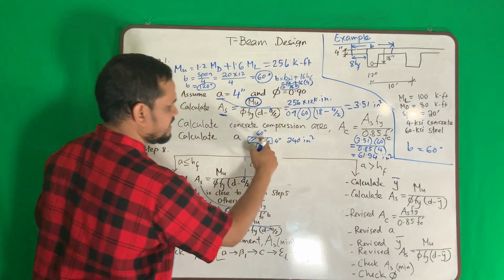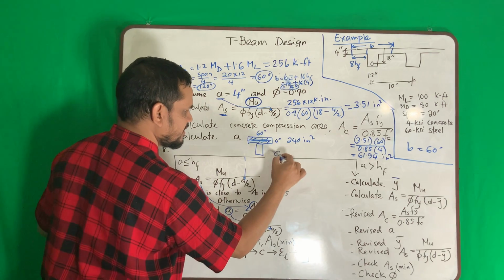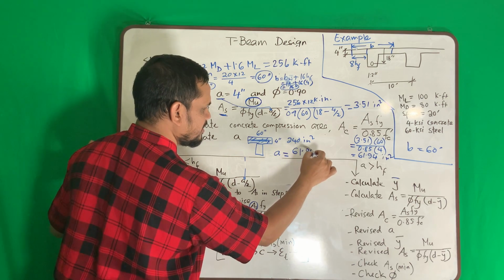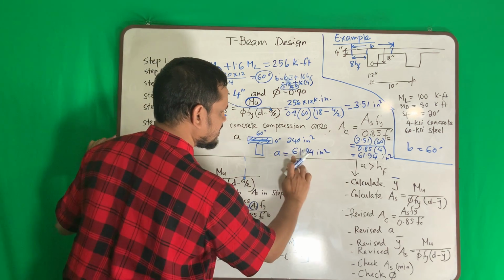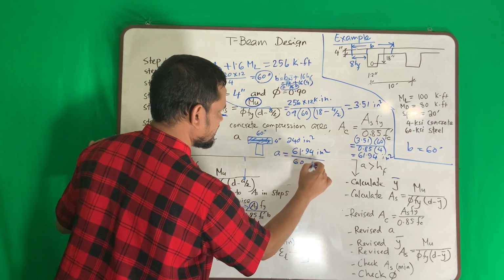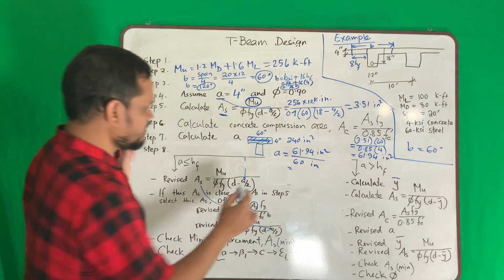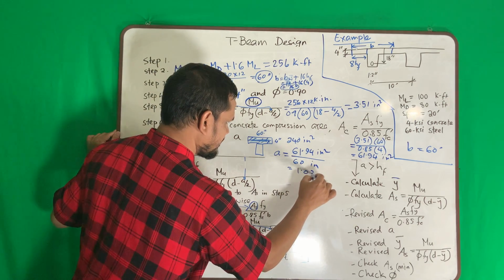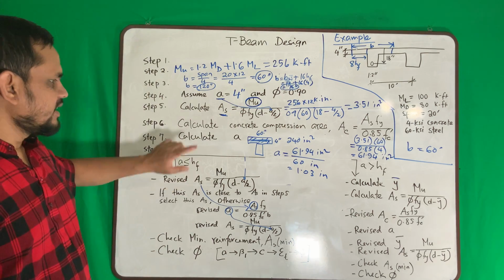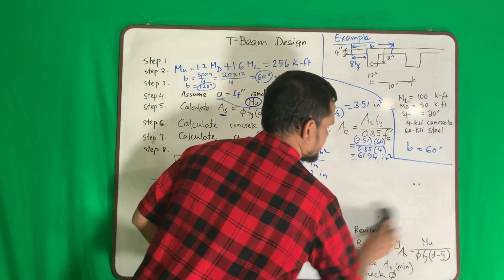This is less than this. So our a is somewhere here. So what is our a? a is simply 61.94 inch square divided by this 60. So our a is 1.03 inch. So we got our a, and a is less than hf. That means this is our category. So we will delete this portion.